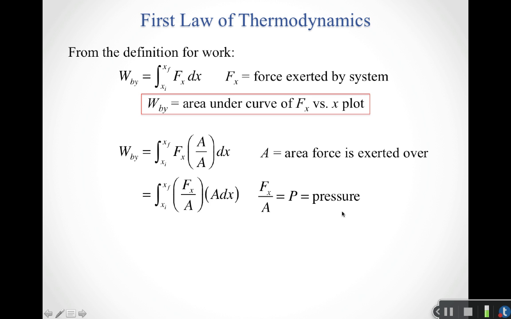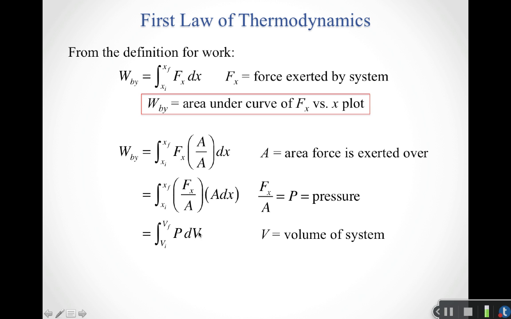Now, part of why I do that is because F_x over A, this force per area, is another way of saying the pressure. So this is the pressure exerted by the system. The gas inside that cylinder exerts some pressure on the piston, and that's what this measures.